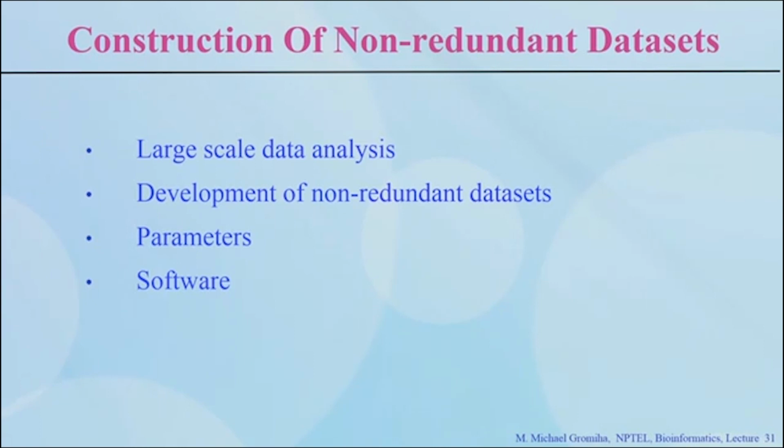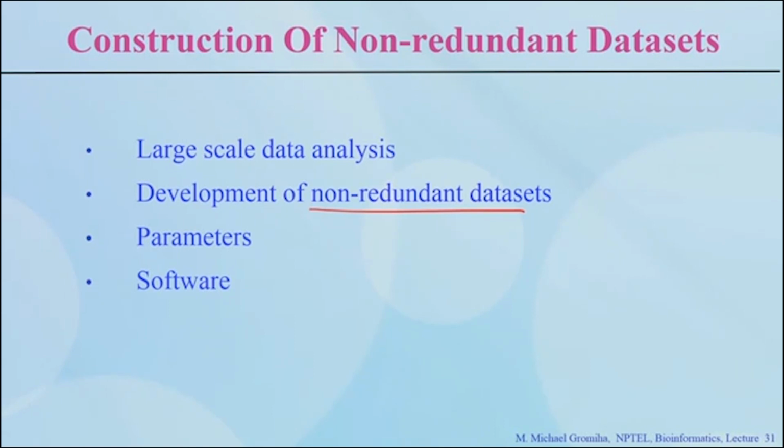So, when you derive any parameters for any analysis, if you deal with large scale data, it is very important to derive data sets. In this case we have to make a non-redundant data set. What is a non-redundant data set? One with less redundancy, because if you add the same sequence several times, this introduces a bias.